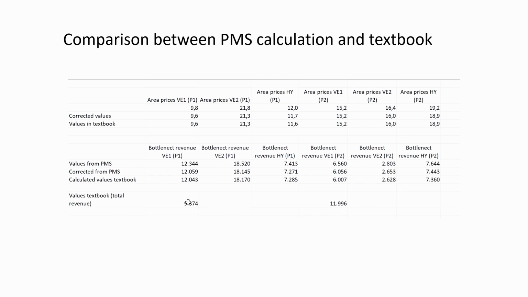These values here are the values that you can compare with the values in the textbook. What we've seen here is that the Power Market Simulator gives the same results as the results in the textbook, so that you can use the Power Market Simulator in order to make flow-based calculations.